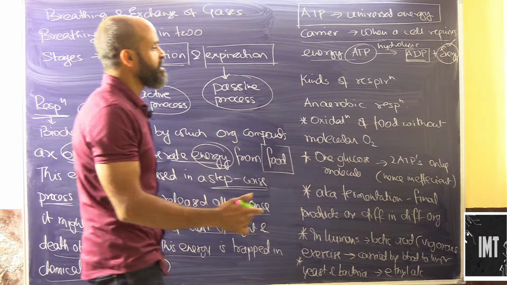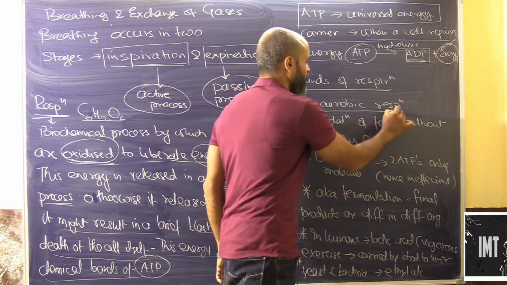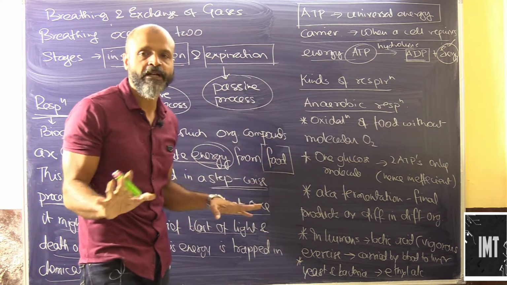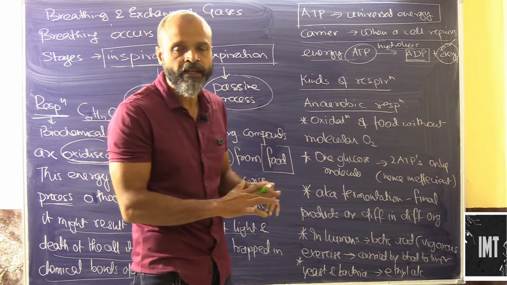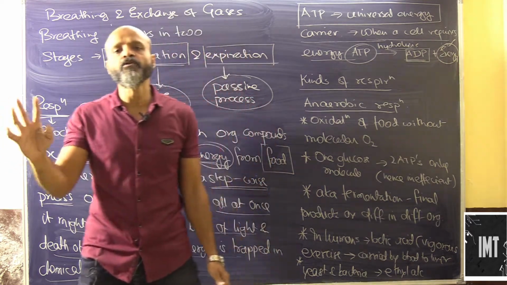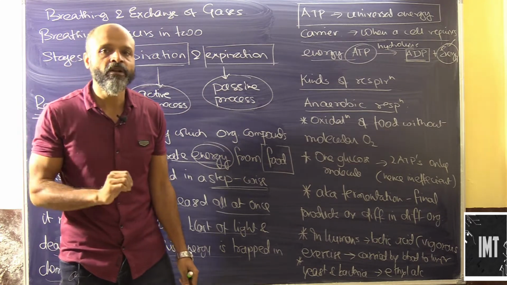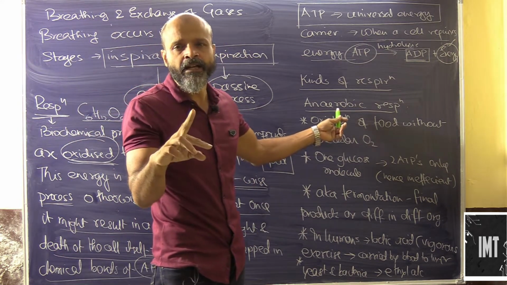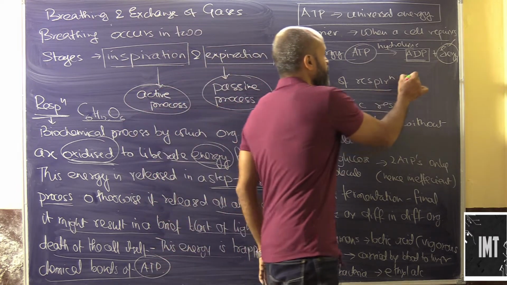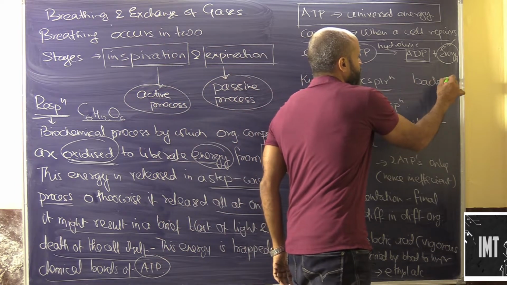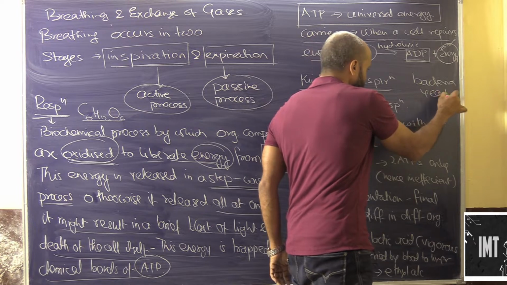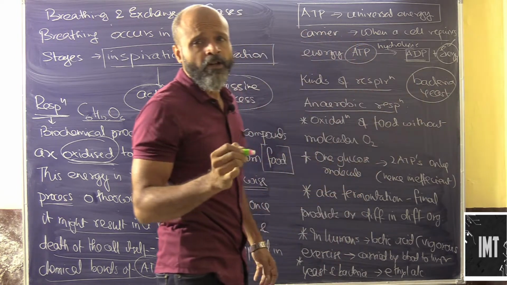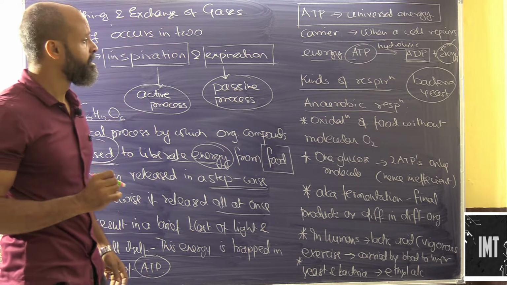So what are the kinds of respiration that we will have? One is anaerobic respiration. We all know there are two types of respirations, anaerobic and aerobic. Anaerobic is basically without the assistance of molecular oxygen or air. So it happens primarily in unicellular organisms like some bacteria and yeast, generally in small unicellular organisms.